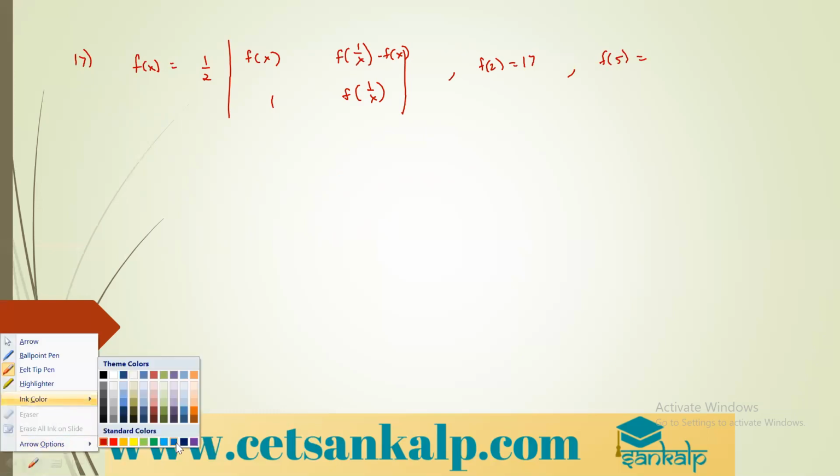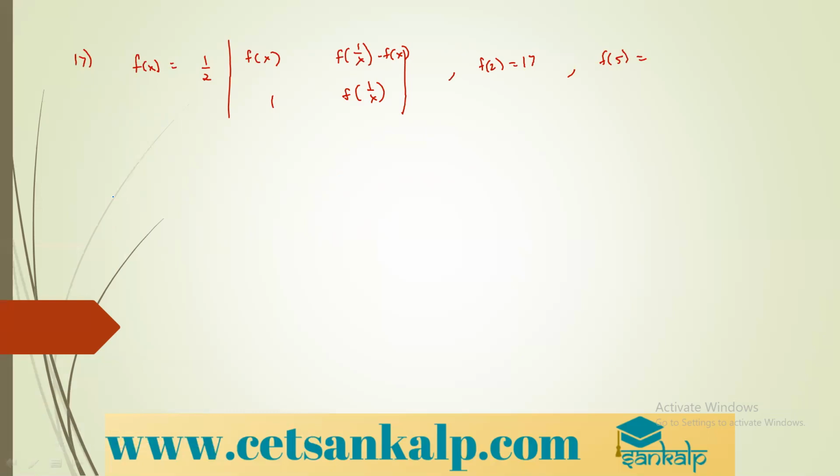So we will be using the given information from the question. As per the question, I can take f of x as the determinant: 1 by 2 into f of x into f of 1 by x minus f of 1 by x plus f of x.